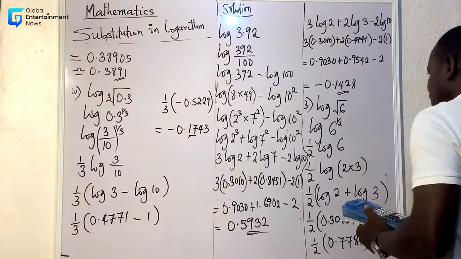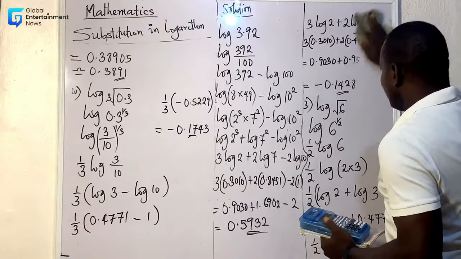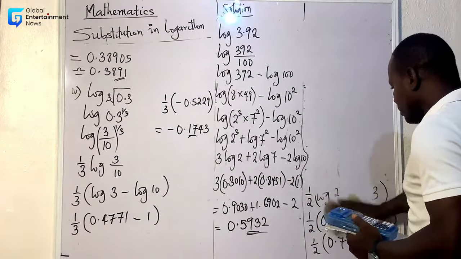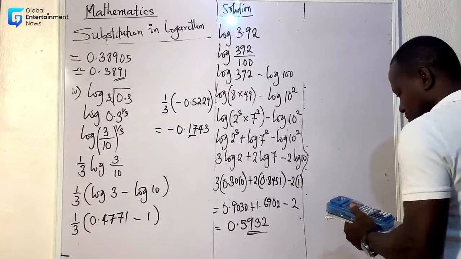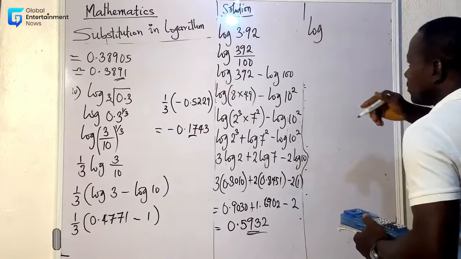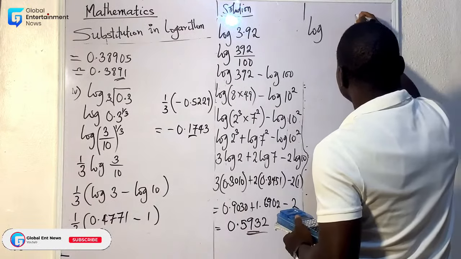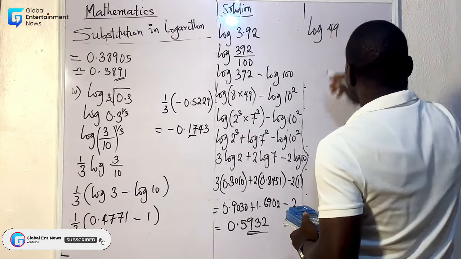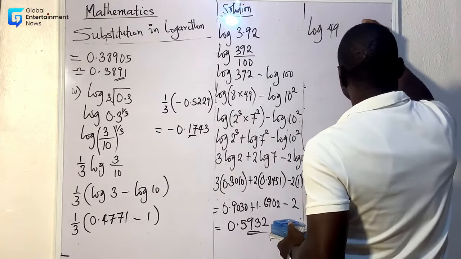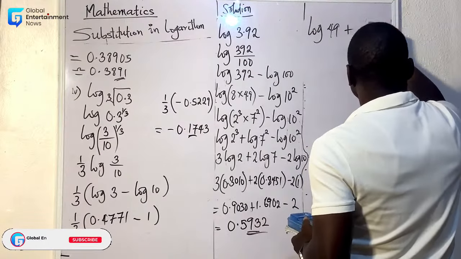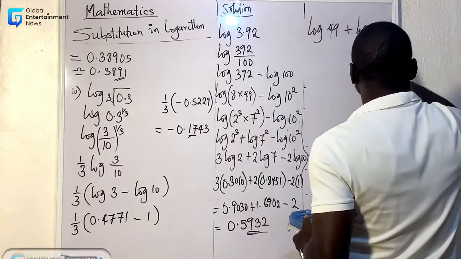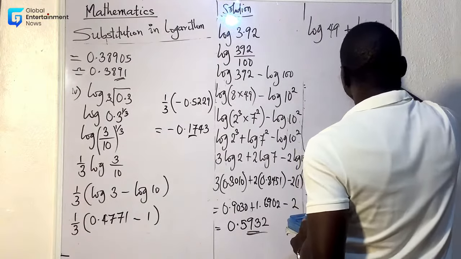Now, let me write one, and then you drop your answer at the comment section. Find this: log 49 plus log 64.